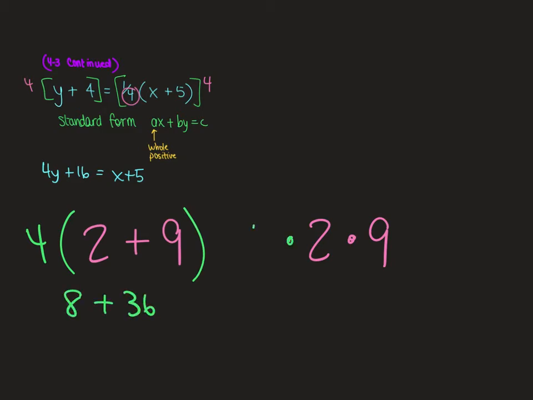But over here, whenever you have 3 things that you're multiplying, you can multiply 4 times 2 or 4 times 9, but you don't multiply 4 times both. Plus sign, you distribute it to both. Times sign in the middle, which is what these are smushed together, they mean multiply. You just pick. You could either do 4 times 2 or you can do 4 times 9. I can either do 4 times a 4th or 4 times x plus 5, and I pick 4 times a 4th because that was the whole point of getting rid of this fraction.